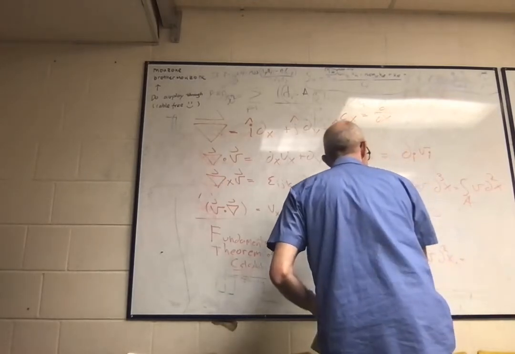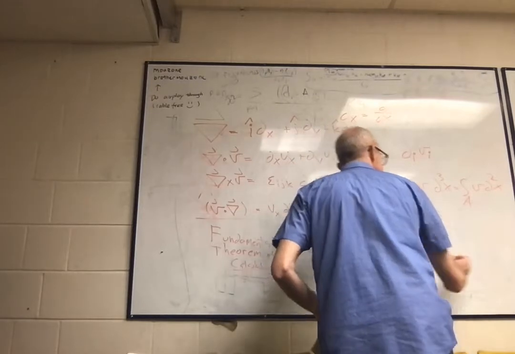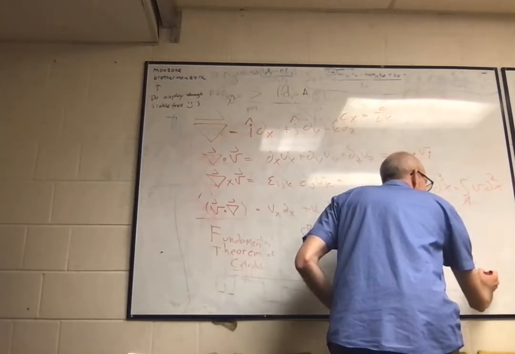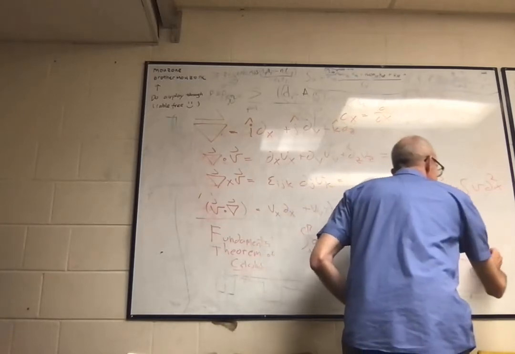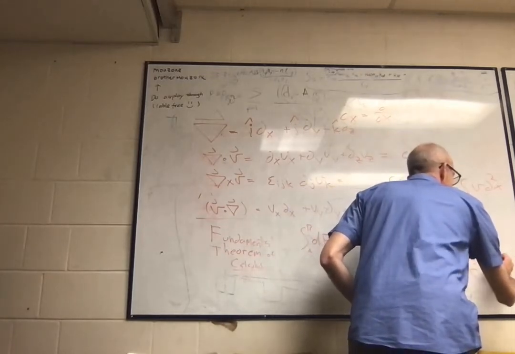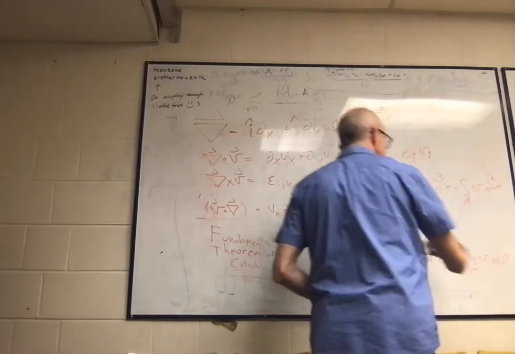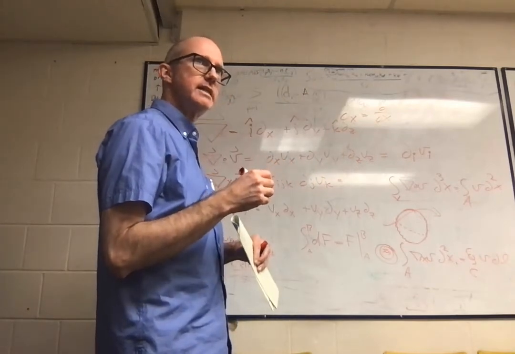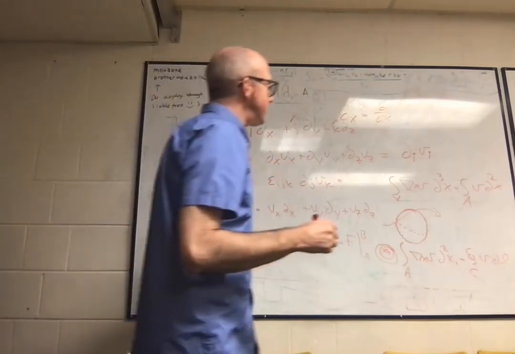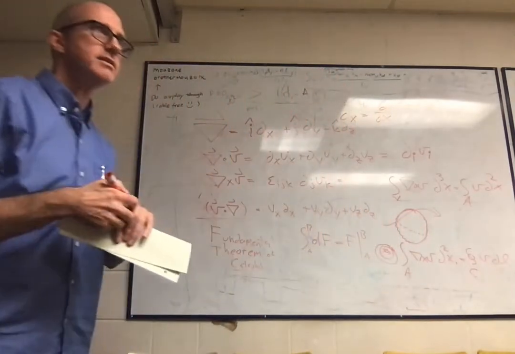So if I have an area and I have some vector field in it, and I take the curl of that and I integrate it over the surface, this is the integral over the curve of the field on the bounding curve. That make sense? So fundamental theorem of calculus gives us Gauss's rule, gives us Stokes' rule. I'm not going to call them Stokes or Gauss's anymore. I'm just going to use it.